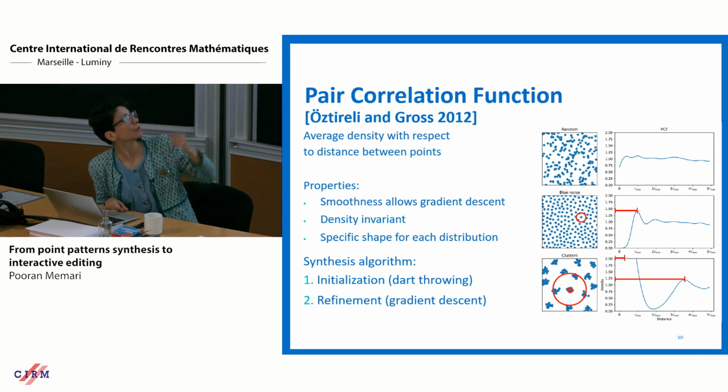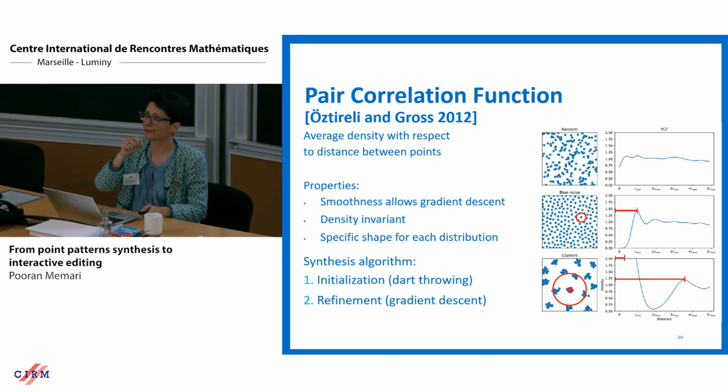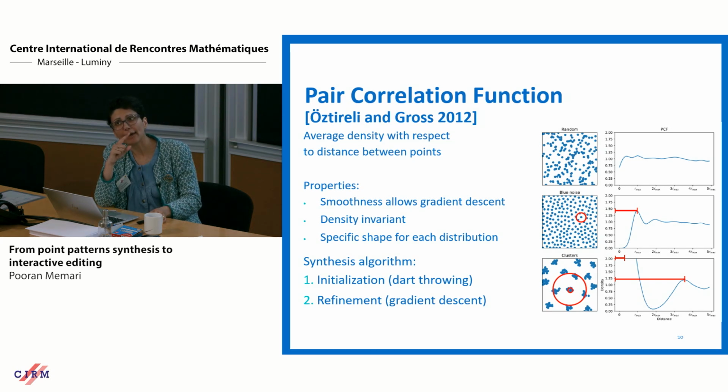For these different point patterns that you can see, the x-axis would be the radius, let's say you are growing a circle around a point, and that would be the radius representing that circle. On the y-axis, you have the number of neighbors that you would see around that distance. And what you usually do is average this for all the points.